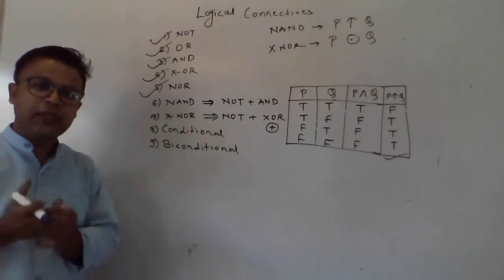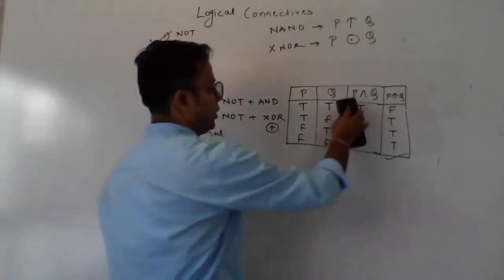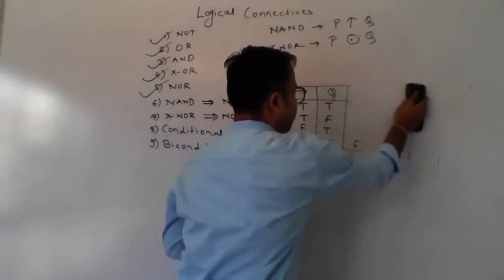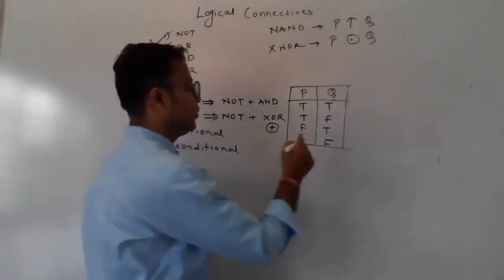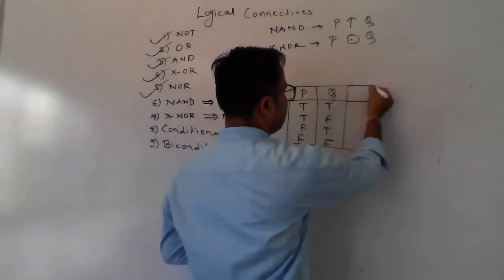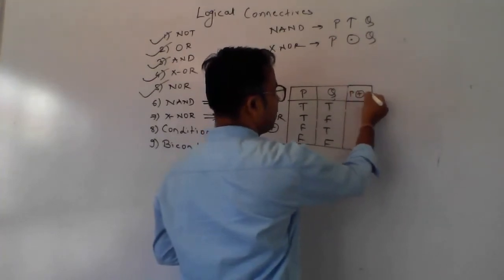Now let's obtain the truth table of XNOR. Again, if we have two statements P and Q, then there are 4 possibilities. For finding the truth table of XNOR, let's first find the truth table of XOR.